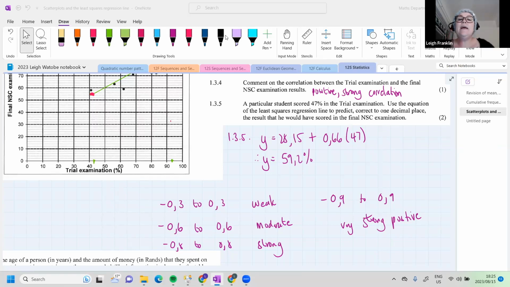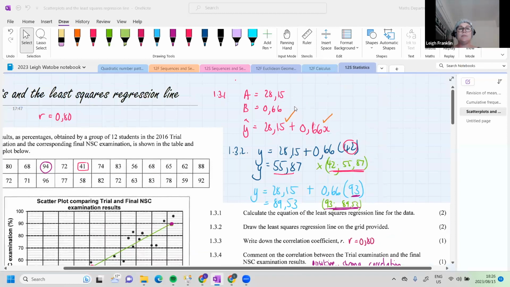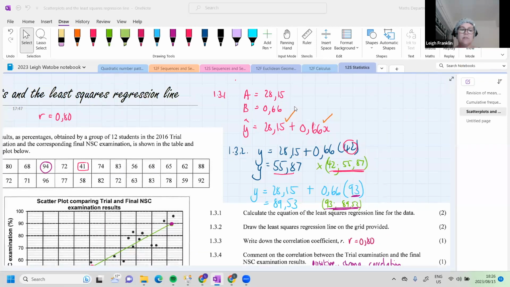Yes, so Oratile, the correlation coefficient basically describes how strongly the variable on the x-axis is related to the variable on the y-axis.